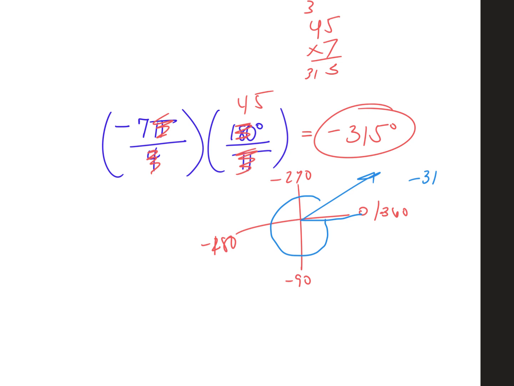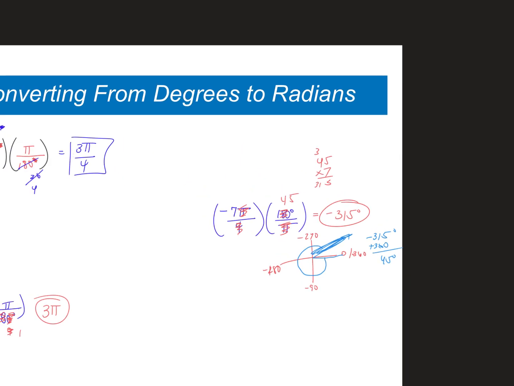Negative 315 is the same as what? How would I find a coterminal angle? Add 360 to that. Negative 315 is the same as what? Positive 45. They're in the same spot. You see how they're coterminal, they're in the same spot. They're both in quadrant 1. Just the direction that you would go to get there is how that changes.